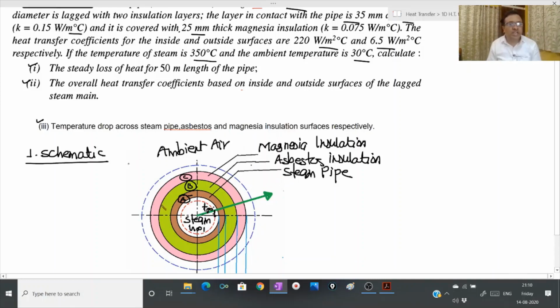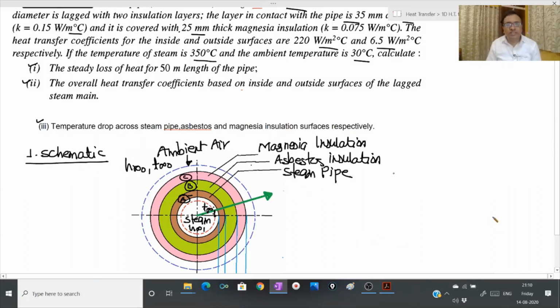Let's say its heat transfer coefficient is h infinity o and its temperature is T infinity o, and the presence of ambient air is represented by a thin fluid film represented by the blue circle.